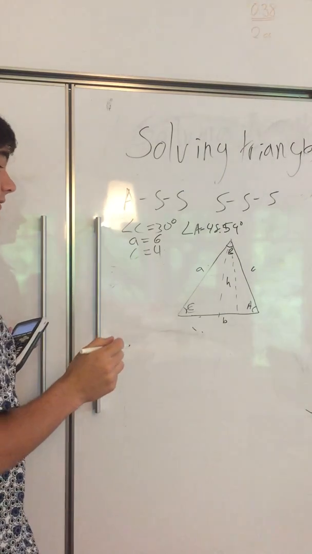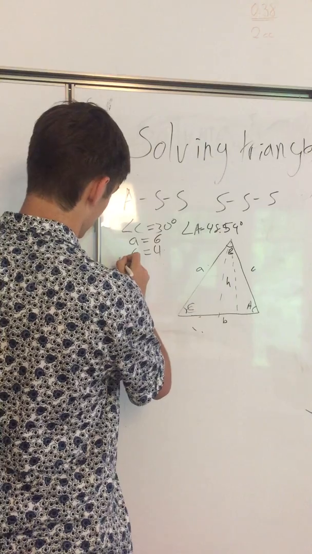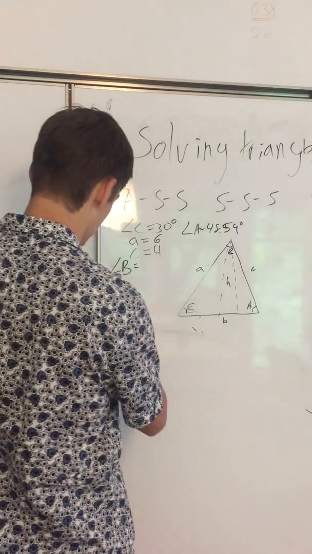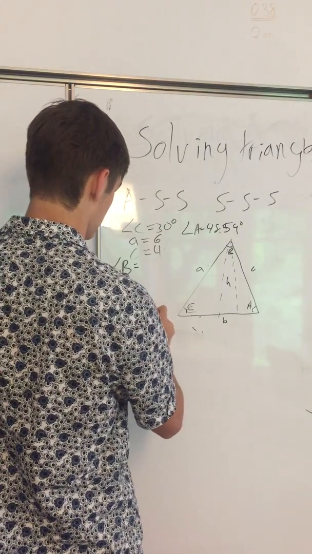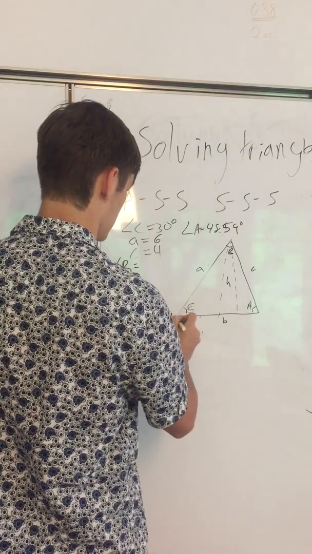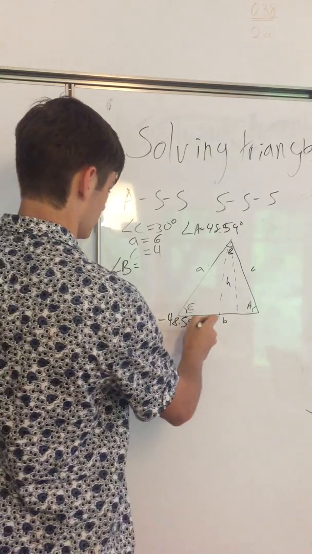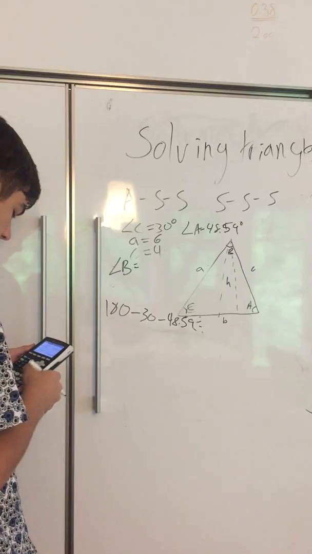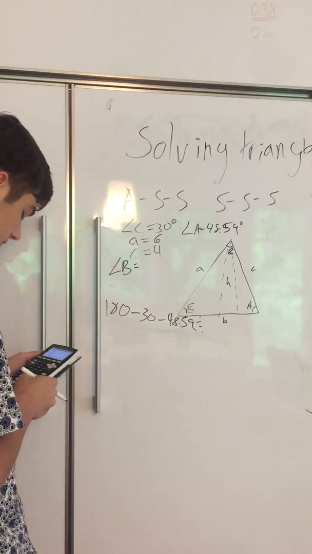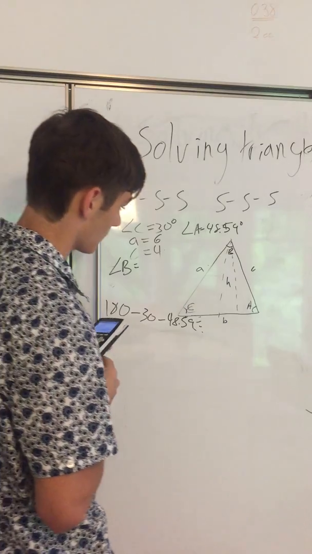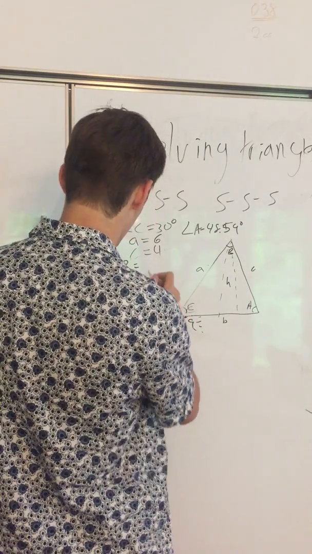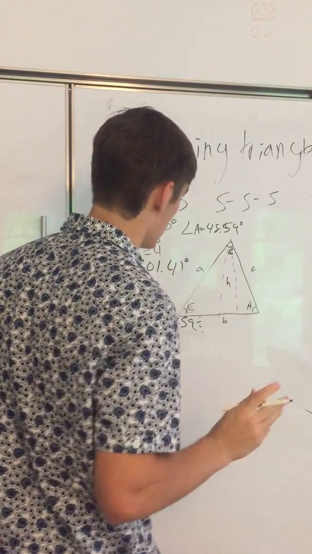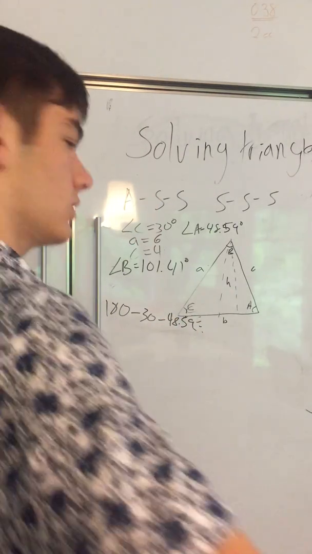And so that would mean that angle B is equal to 180 minus 30 minus 48.59, which is equal to 101.41 degrees.